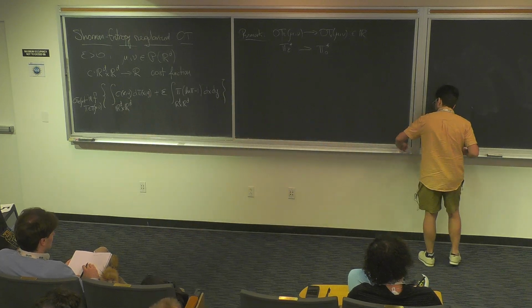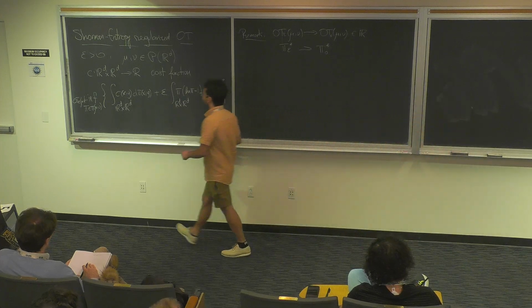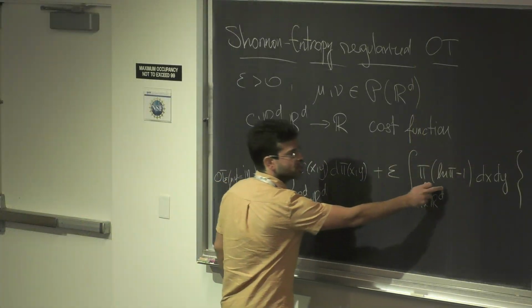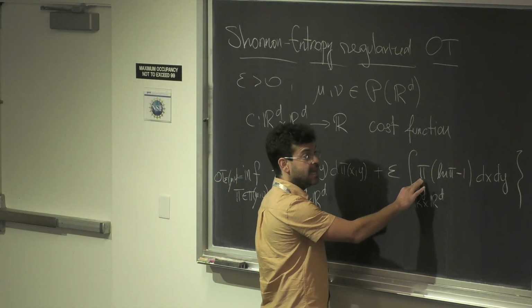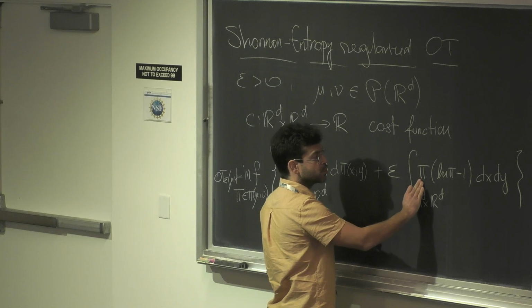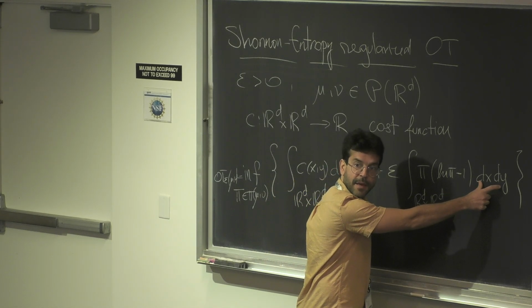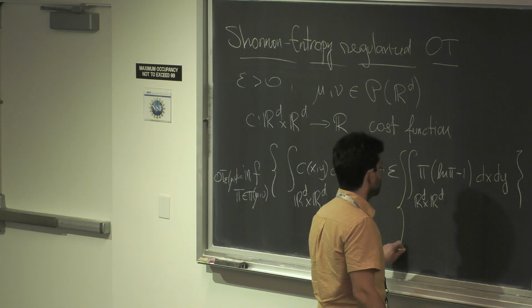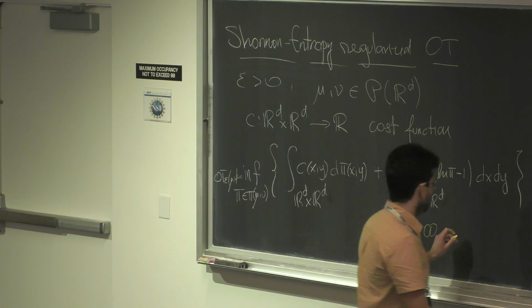So let me do this and then this is going to be clear. I'm going to be super precise. I'm taking a linear cost plus the Shannon entropy if pi is a function, so if pi is absolutely continuous with respect to the product of Lebesgue measure, and let me be pedagogical and use colors, plus infinite otherwise.